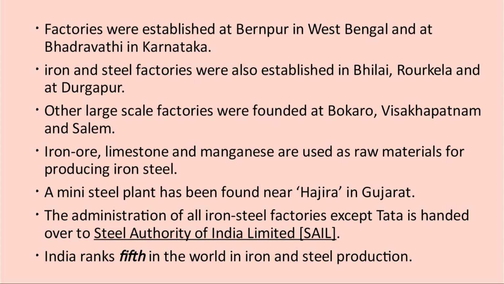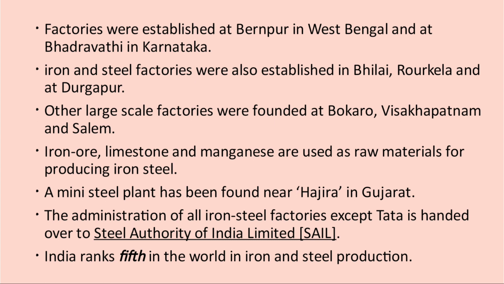The administration of all iron and steel factories except Tata is done by the Steel Authority of India Limited, that is SAIL, S-A-I-L. Why except Tata, did I say? Administration of all the iron and steel factories of India is under the control of SAIL, but Tata has some exemption.